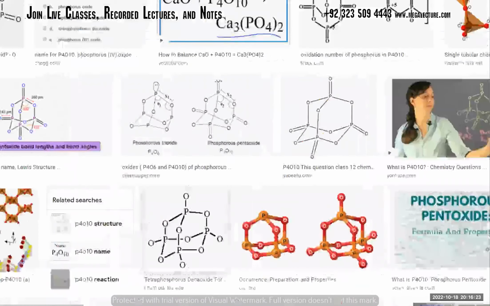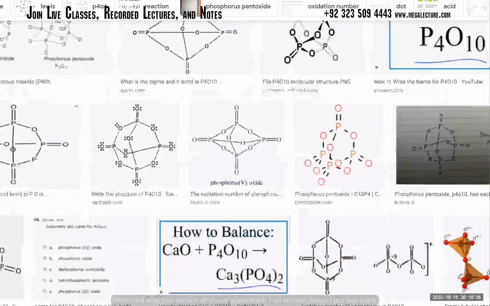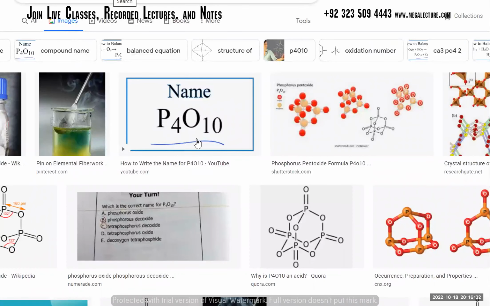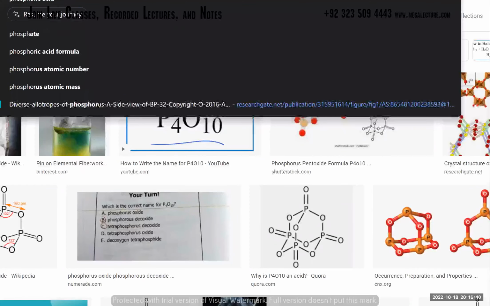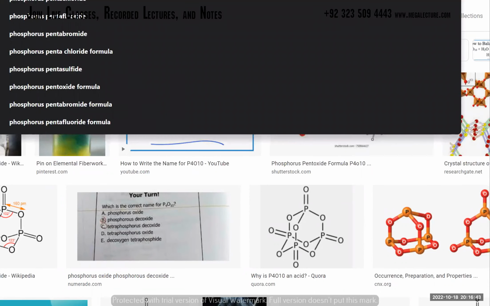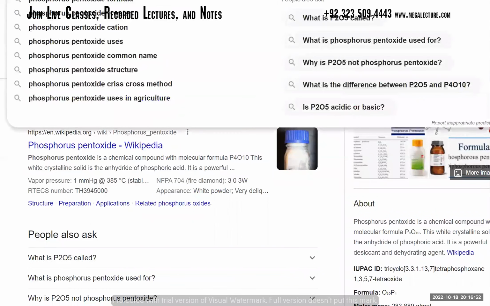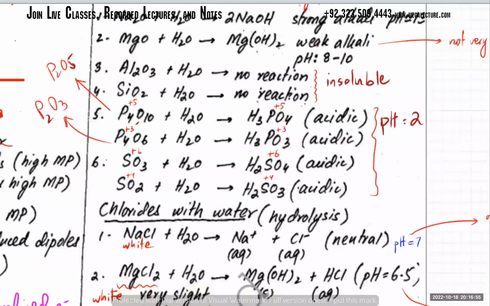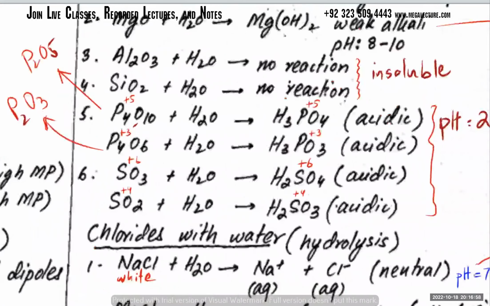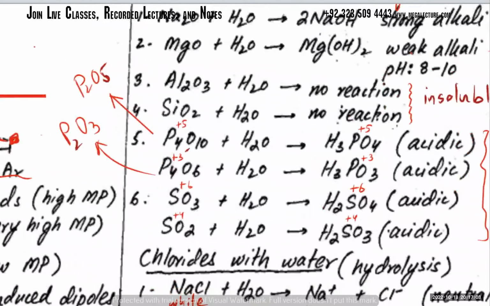One second. It's a white solid. So here I'll add this phosphorus pentoxide. That's a white solid. Okay, let me write this here.